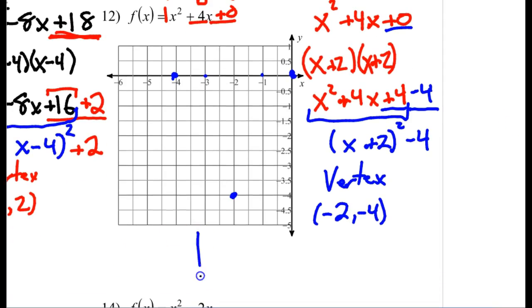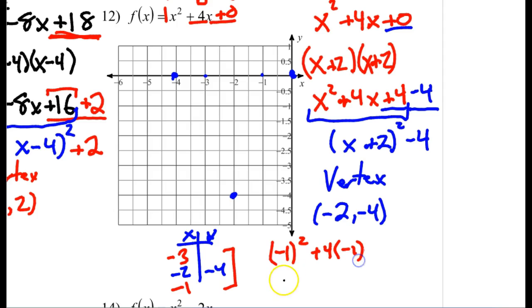All right, so you can go in here and say, well, I know I have -2 and -4, and let's find out for -3 and -1 what those are, and just maybe plug one of them in. You can plug it in the original, or you can plug it in the factored version, doesn't matter. So if we do -1 squared plus 4 times -1, we'll get 1 minus 4, which is -3. All right, so -3 and -3.